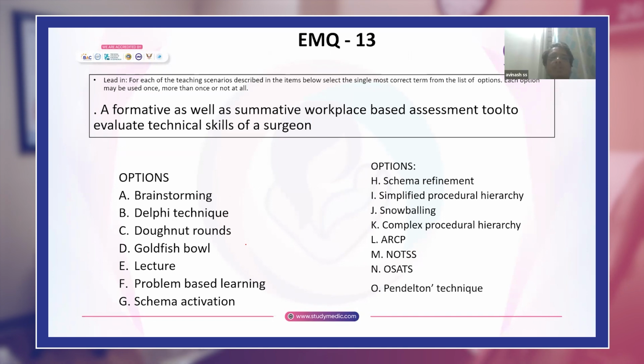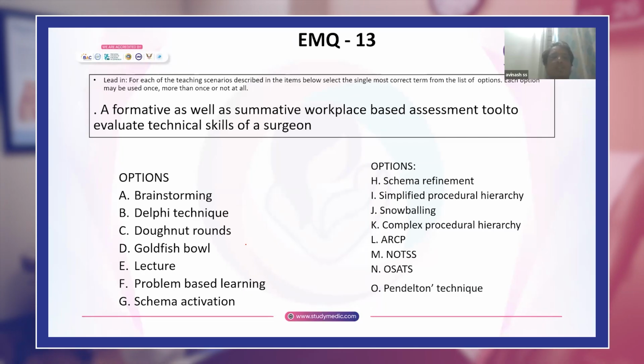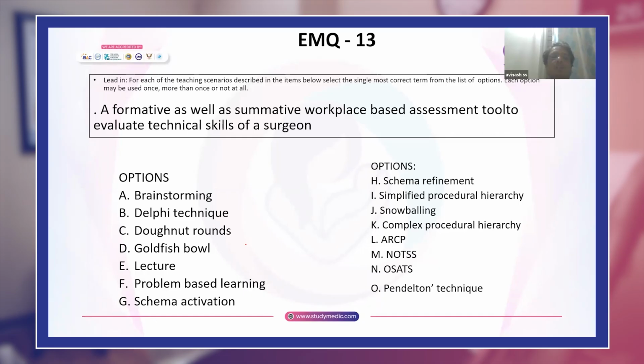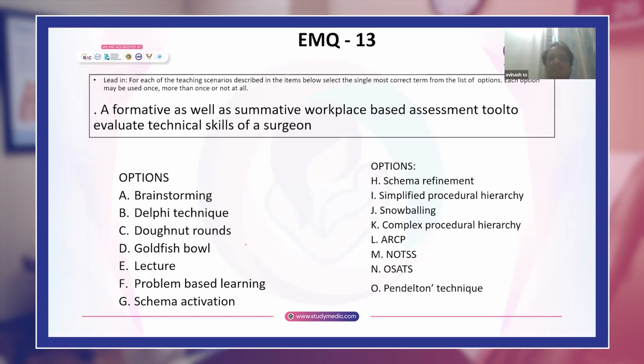Another is a formative as well as summative assessment tool according to MRCOG EBCOG guidelines, and it is a workplace-based assessment tool, actually to evaluate the technical skills of a surgeon. So what is this tool, which is both formative and summative, and assesses the technical skills of a surgeon?